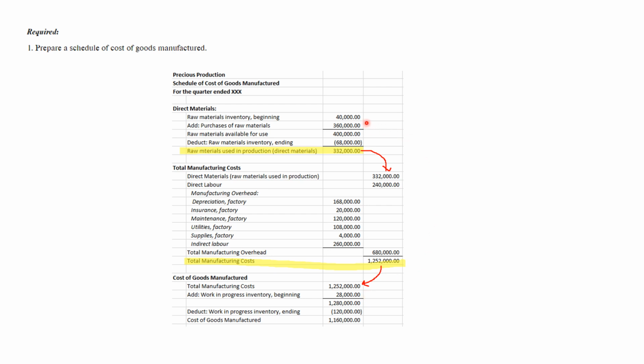You'll notice we just kind of switched around the order this time, but it's the same idea of the beginning balance and the additions to get our total available. And then to figure out what we actually did during the quarter, or in this case, what we actually manufactured and pushed towards finished goods, we deduct our ending work in progress inventory of 120,000, and in the end, we got our end answer of 1.6 million.